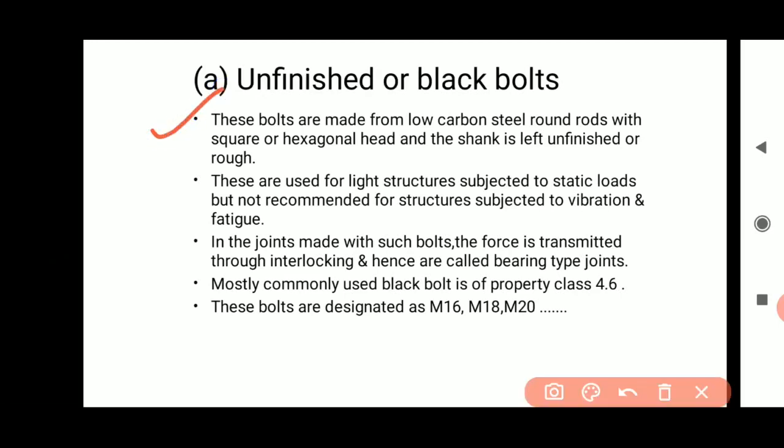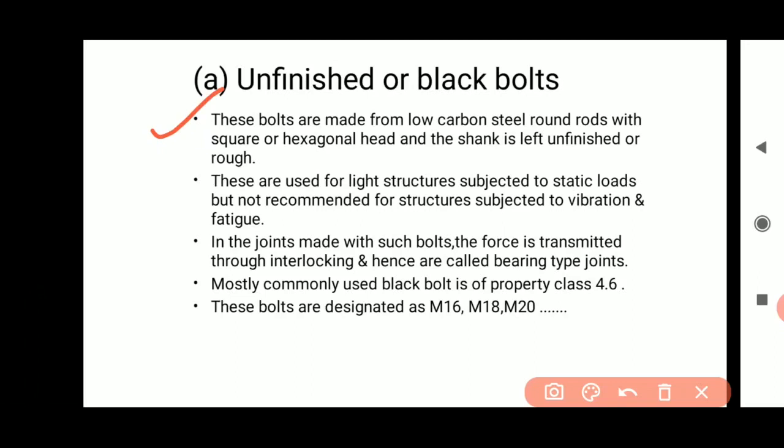These bolts are made from low carbon steel round rods with square or hexagonal head, and the shank is left unfinished or rough. In the first lecture we have already studied that there are four types of structural steel: low carbon steel, mild steel, medium carbon steel, and high carbon steel.